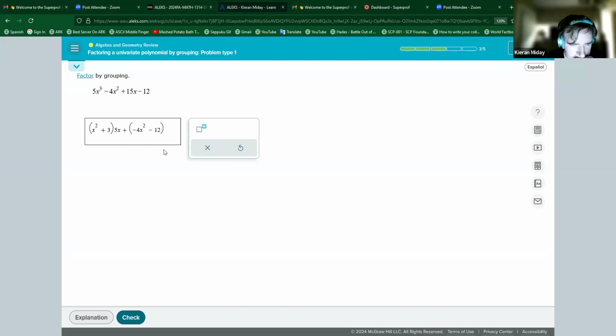So you can go ahead and take out your -4 and turn the -12 to +3. All right. So this one was a bit tricky, right? Because of the minus sign. You agree, right?